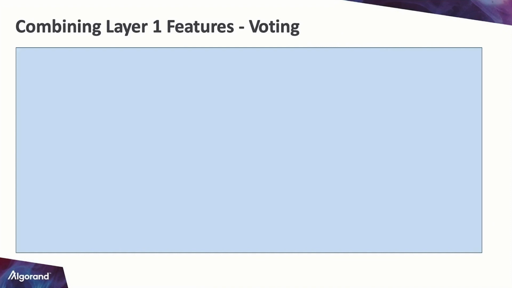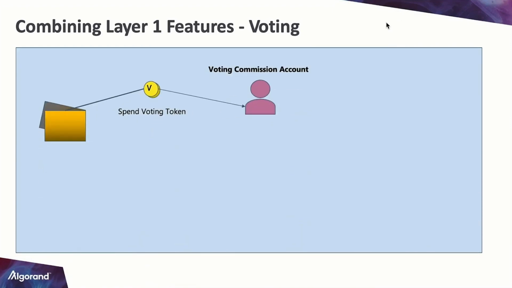What I want to do is go through a couple of solution scenarios here. And remember I said we can combine a lot of these features on layer one. Let's take a look at a voting example, and we have these solutions written up on our developer portal. You have a voting commission account with a spending token you want to get. These are all atomically grouped, right? So all of this works or none of this does.